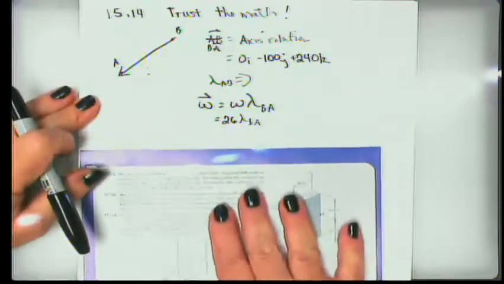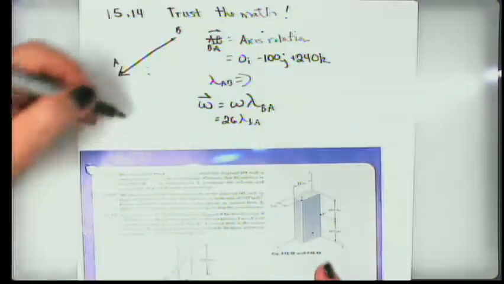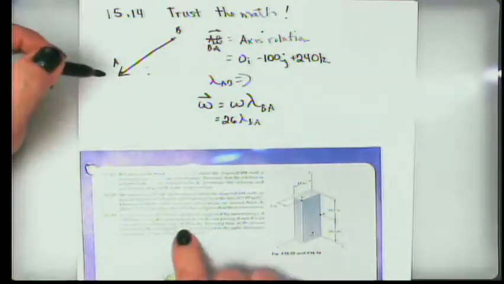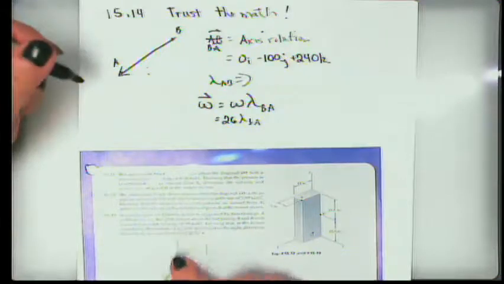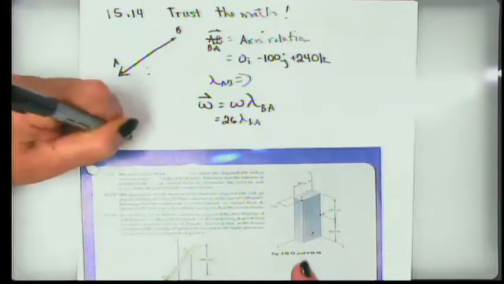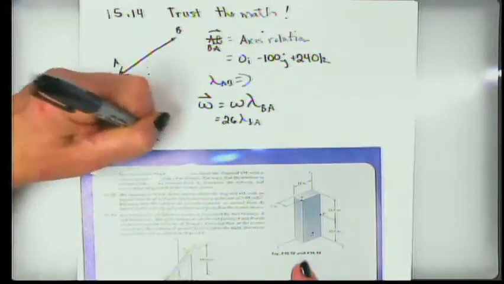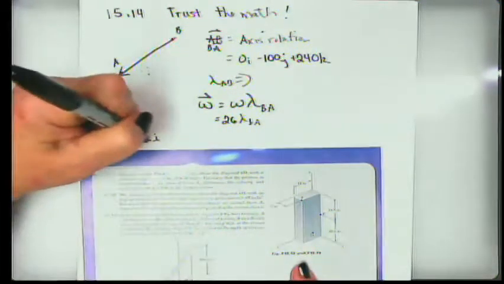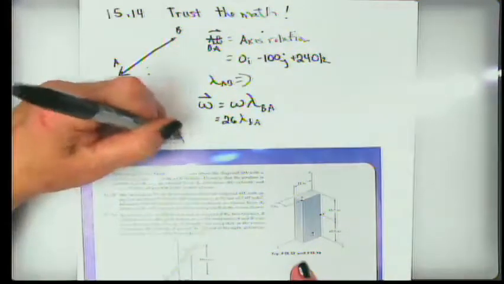All right, now the next thing I want to know: the question tells me the instant considered, the velocity of point C is directed to the right. So that's telling me that the velocity of point C is purely, this is not a negative, it's plus 0J plus 0K. Okay, so that's what we're getting at when we talk about that.